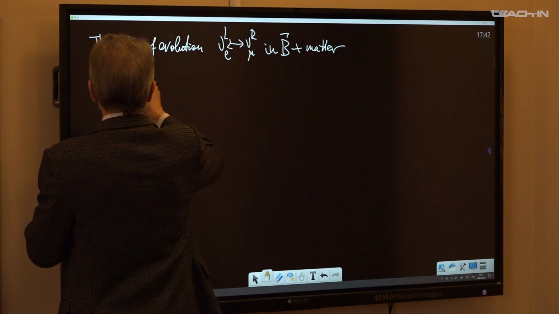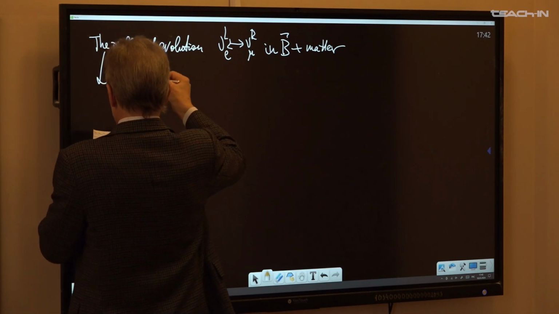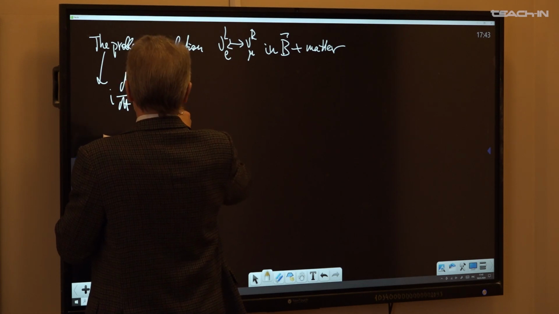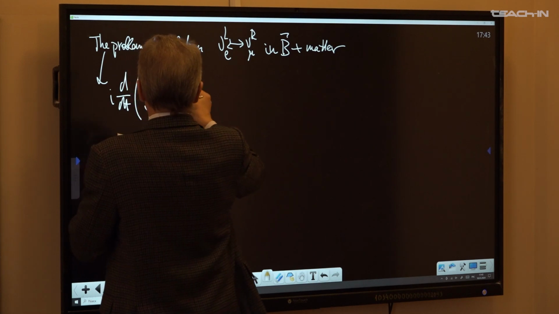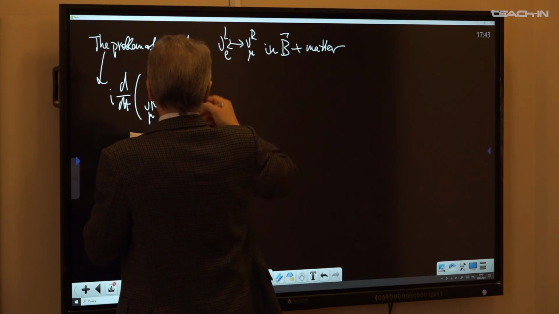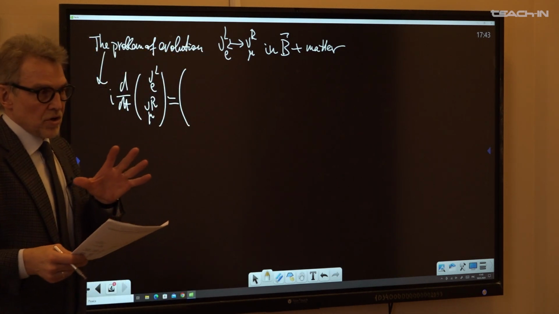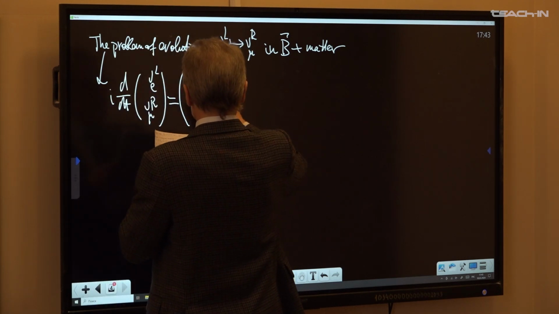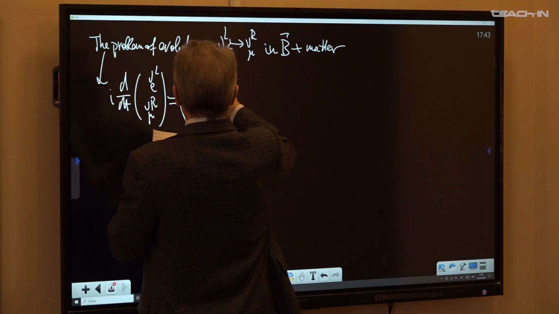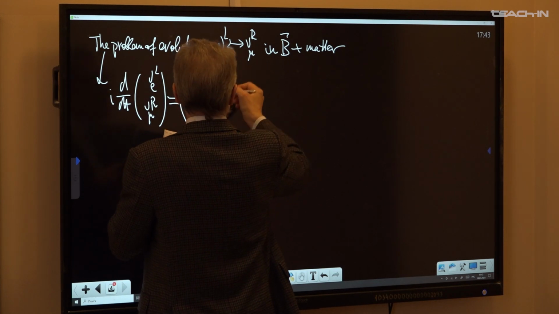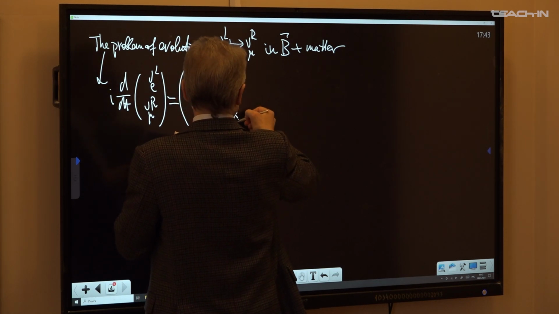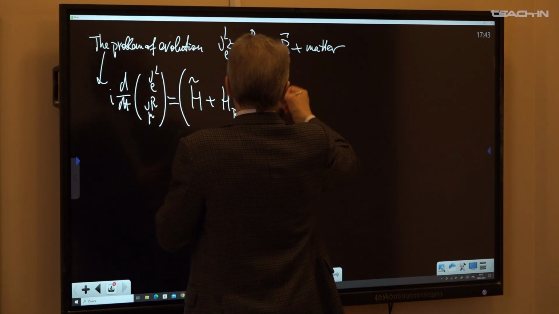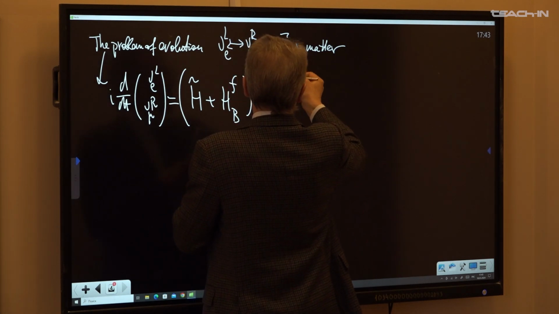i d over dt of our neutrino state, electron left, muon right. And here we have two contributions to effective Hamiltonian. One is, as we indicated, H wave plus the Hamiltonian of magnetic moment interaction with external magnetic field in the flavor basis. Because we are working now in the flavor basis, yeah?